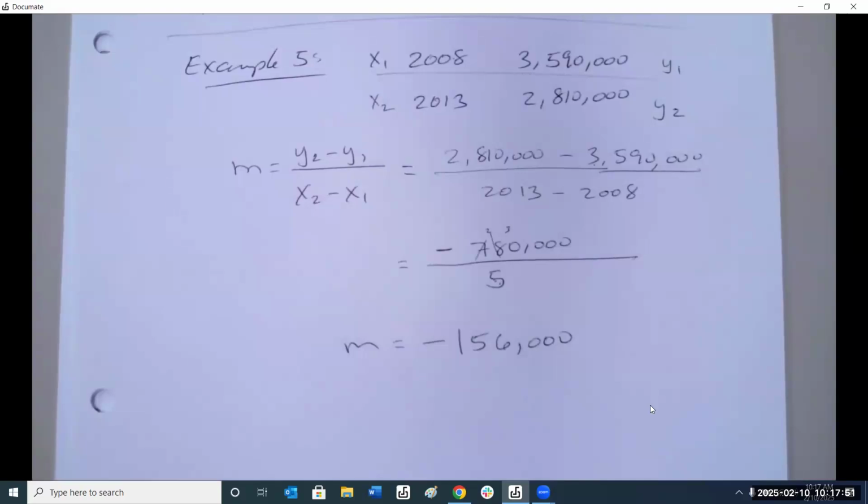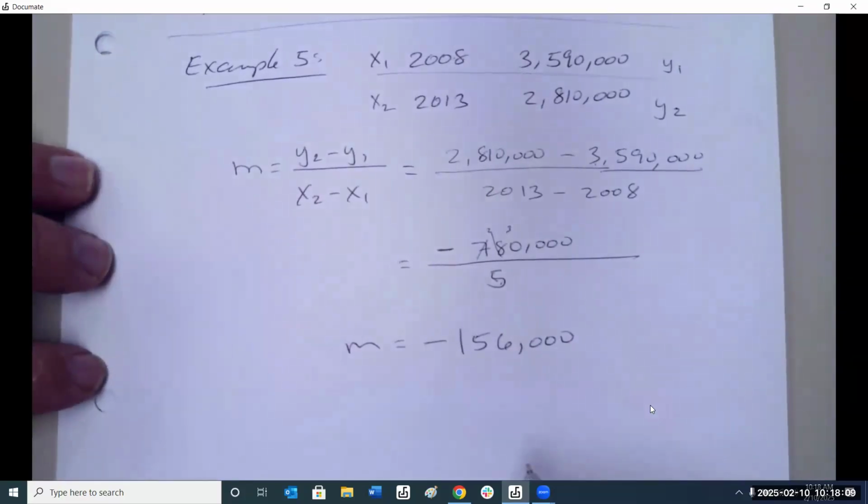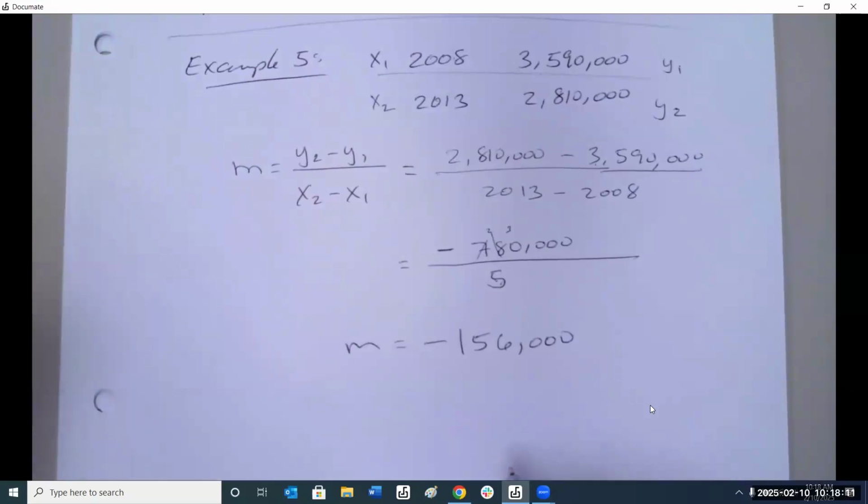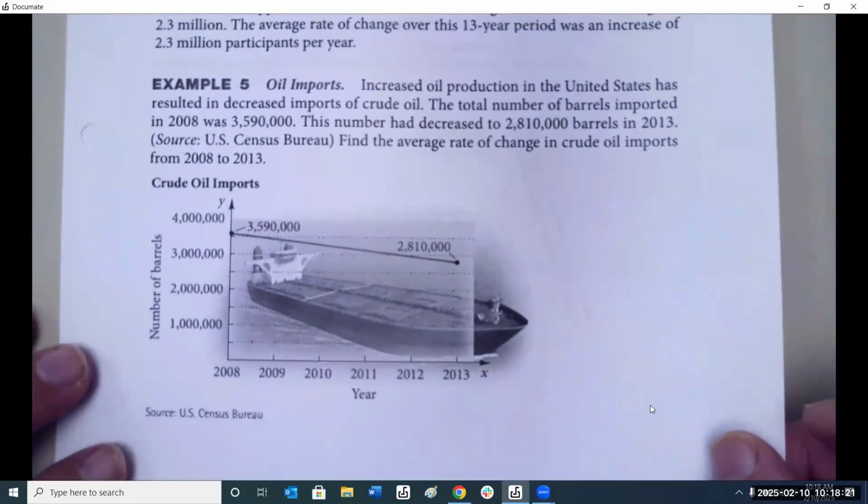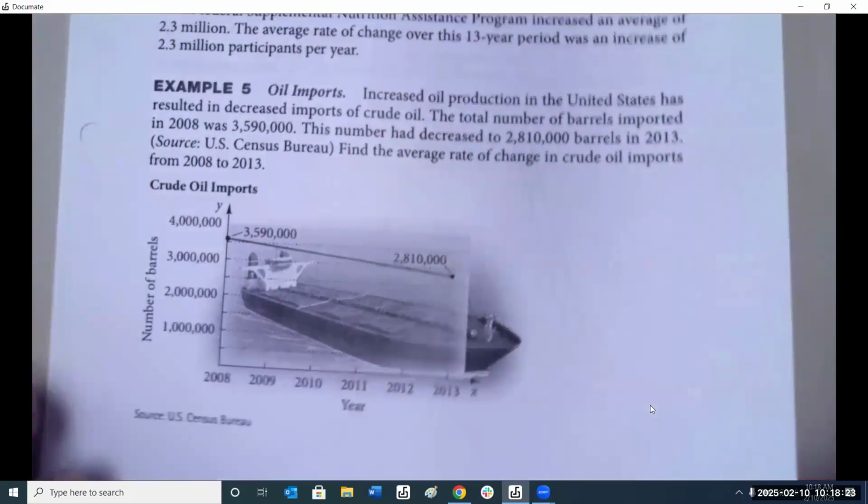So how would you interpret this? What does this mean to you? If you saw this in this example, what does that tell you? How would you put this in a sentence? What was the question? The decrease per year. By year, yes.